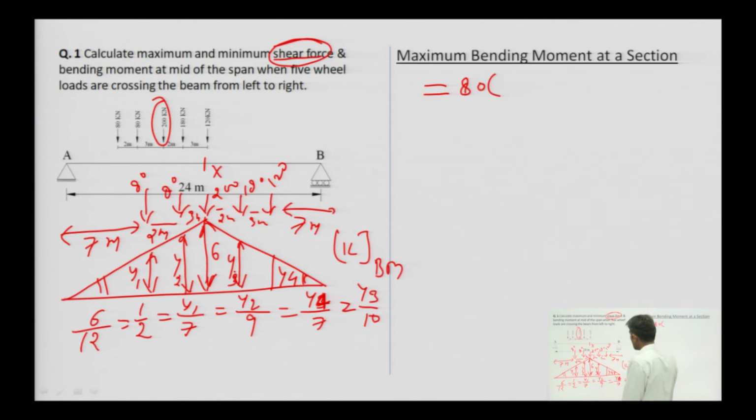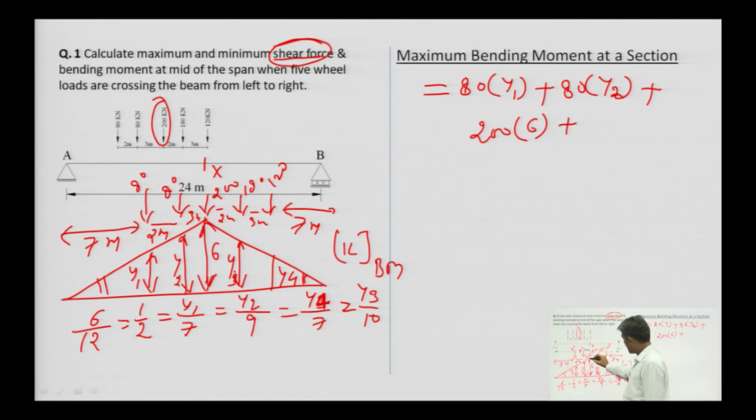That will be 80 multiplied by y 1, plus 80 multiplied by y 2, plus 200 multiplied by 6, that ordinate we have calculated, plus 180 into y 3, plus 120 into y 4.